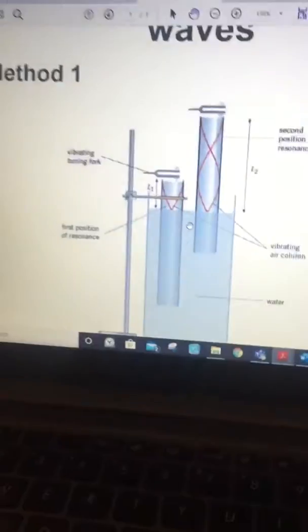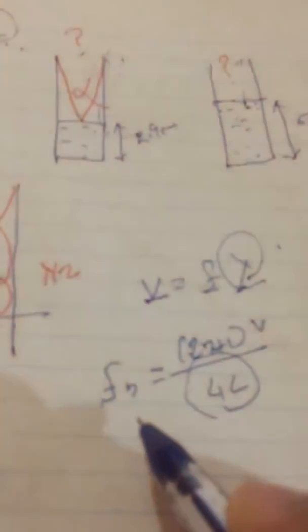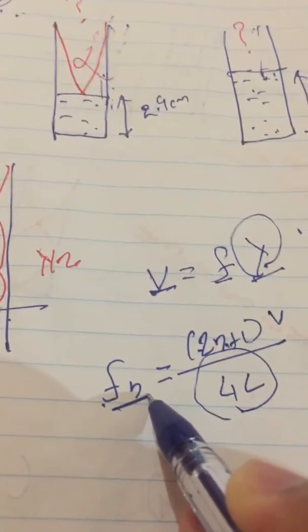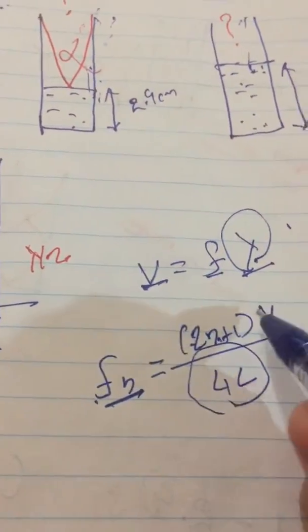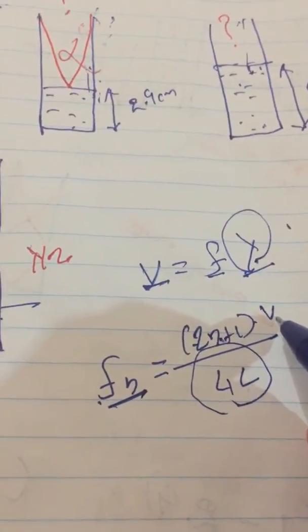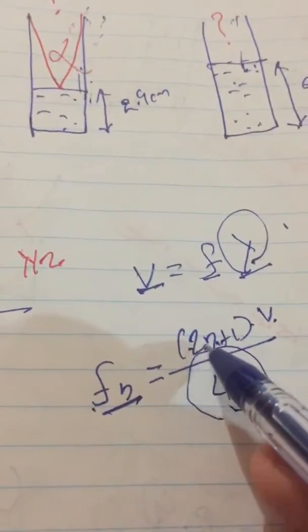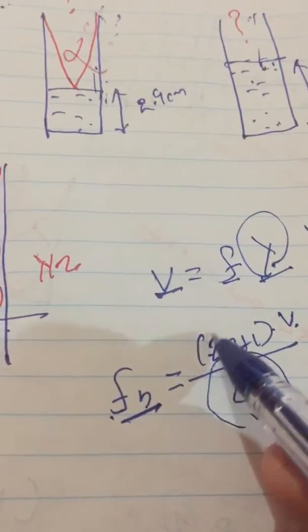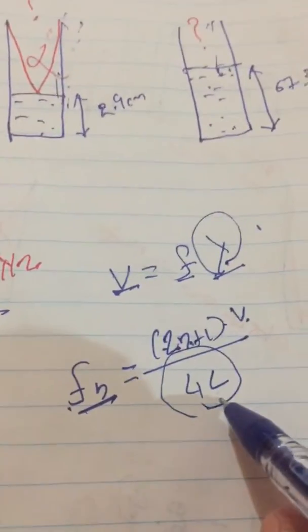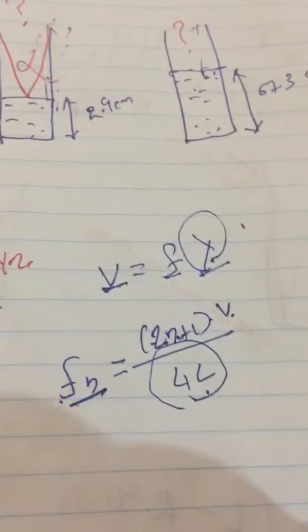But in this experiment and in this question as well, the frequency is kept constant and speed is kept constant, which means that the only way for different harmonics, different numbers of loops, to be formed is by changing the total length of the tube.